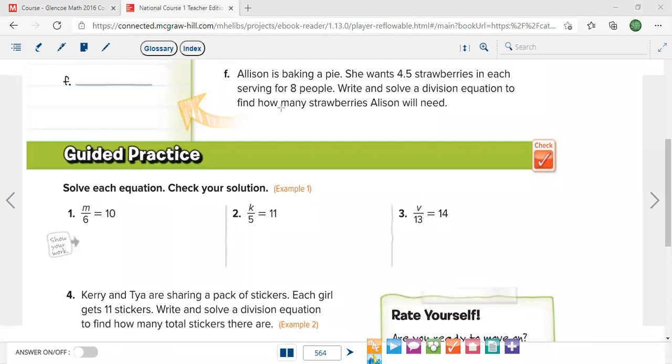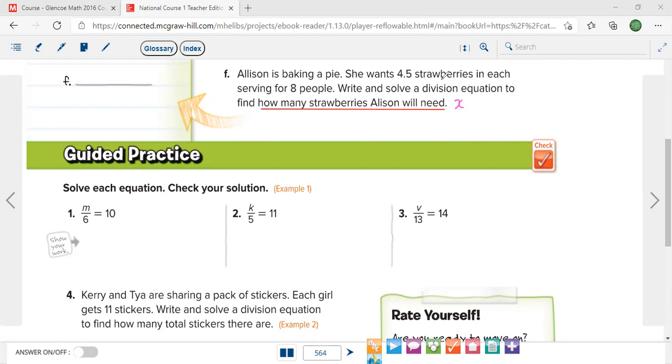As I told you, focus on the required to know what you should do. How many strawberries will Alison need? This is our x. Of course, you can put your own letter, it's up to you. I'm using x because it's the most popular symbol in math.